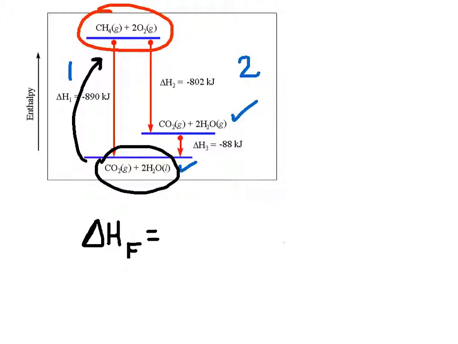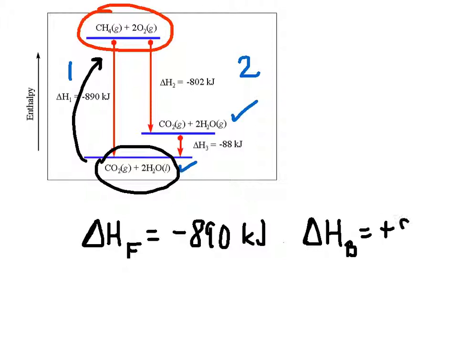That was minus 890 kilojoules. What would you expect to happen if we ran it backwards? So maybe let's call it delta H B for backward. Well, as you probably guessed, that would be positive 890 kilojoules.